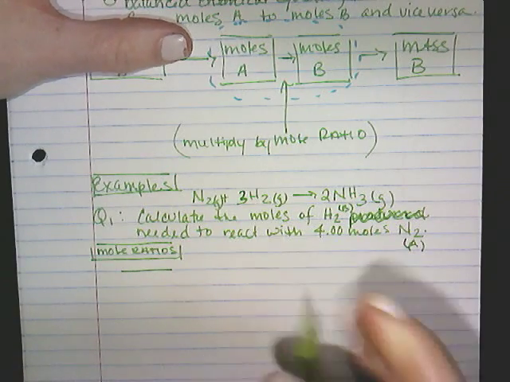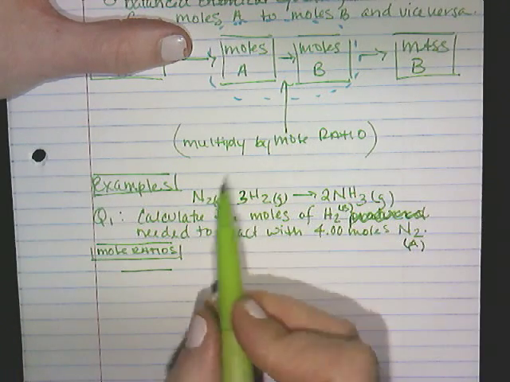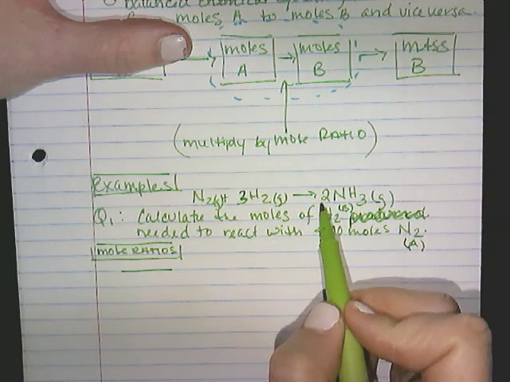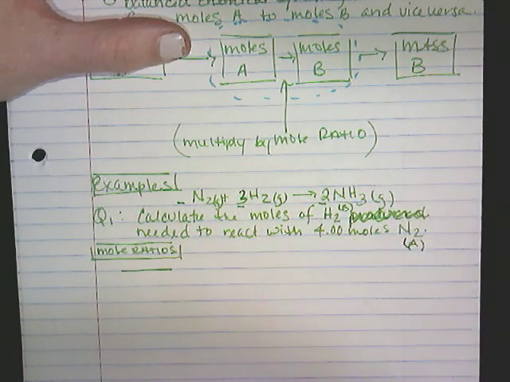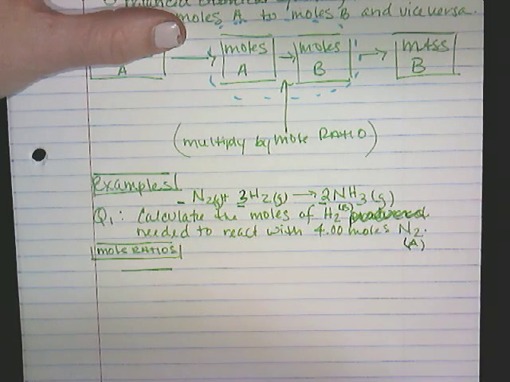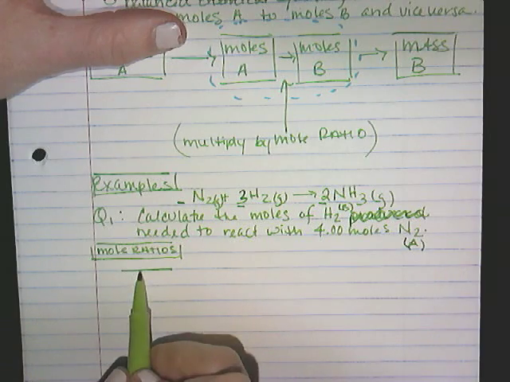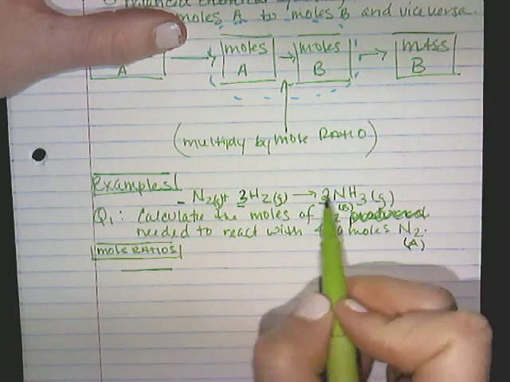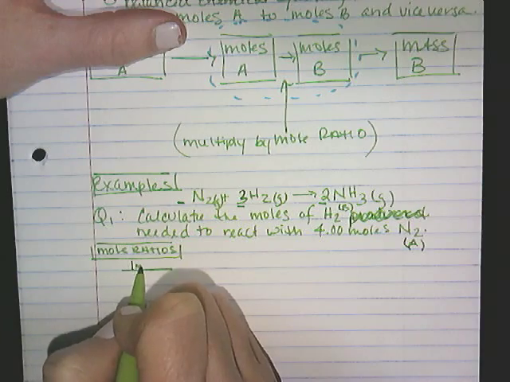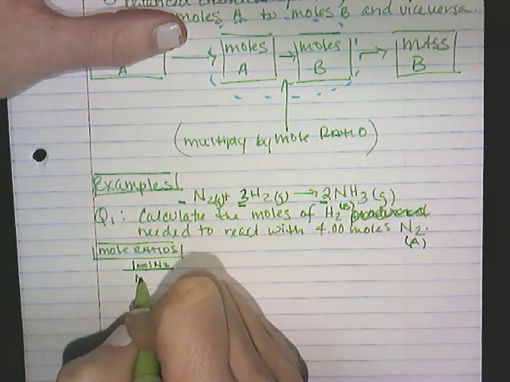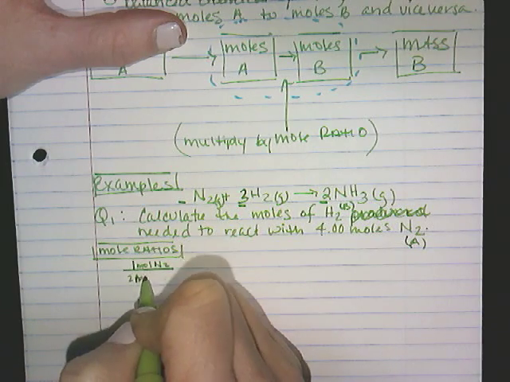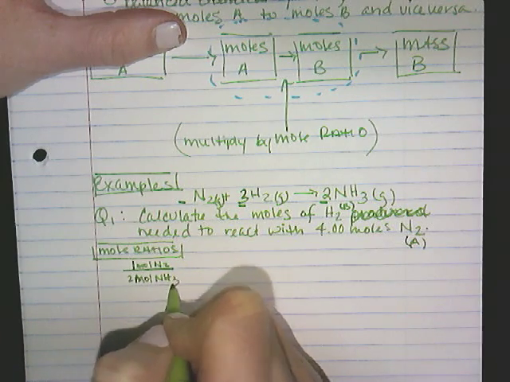All right, for example, looking at this balanced equation, N2 plus 3H2 yields 2NH3, you can see the coefficients in front of each of the reactants and products, and those are going to become our mole ratios. So for 1 mole of N2, 2 moles of NH3 will be produced.